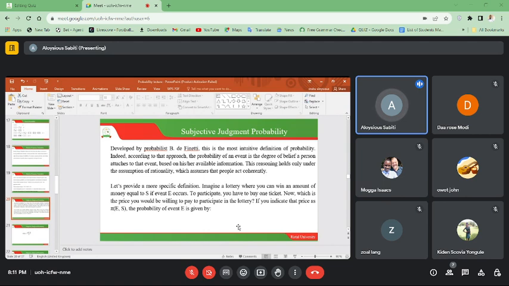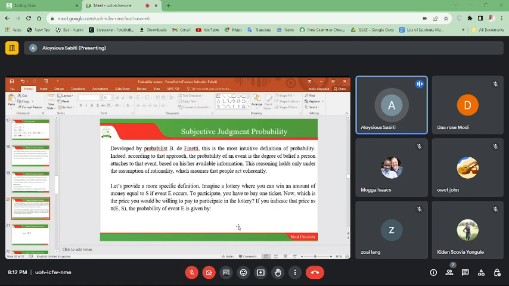Which is the price you would be willing to pay to participate in the lottery? If you indicate the price as π(E, S), meaning that if I pay the ticket and this team wins, I will get the S money.